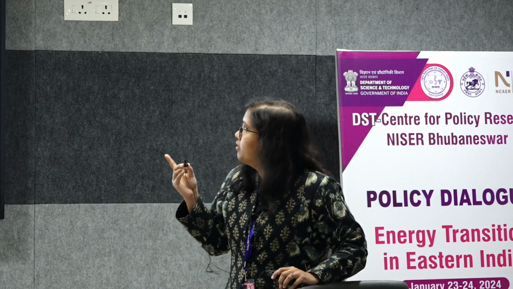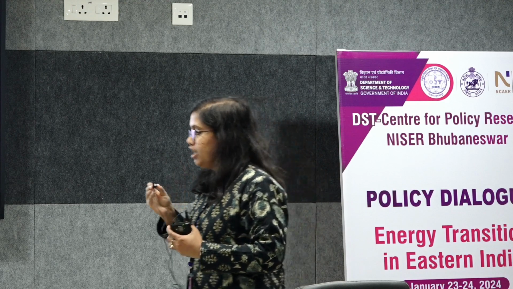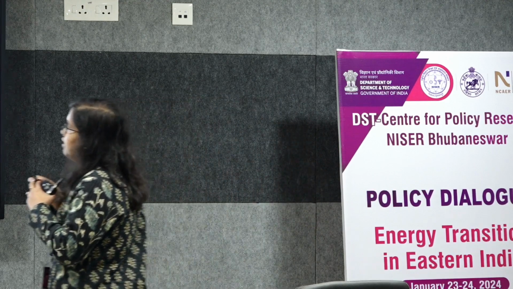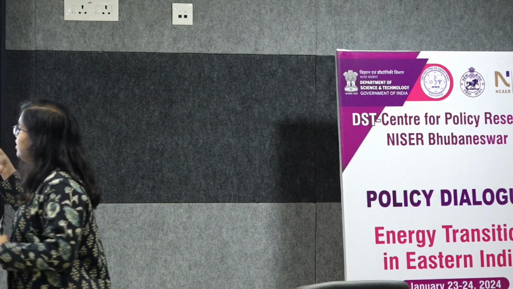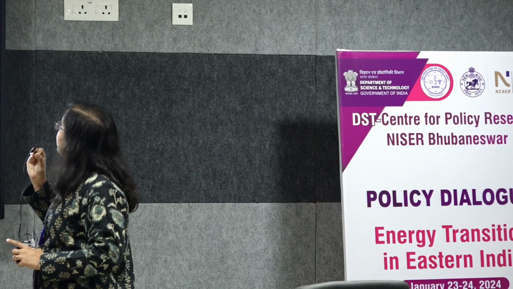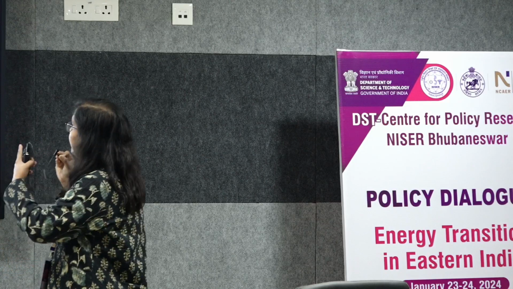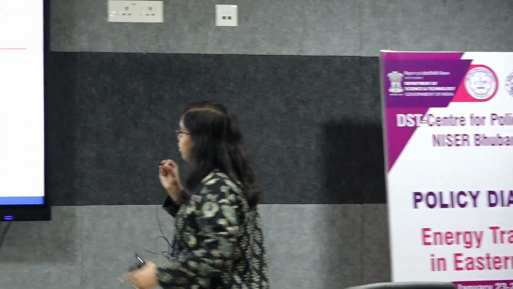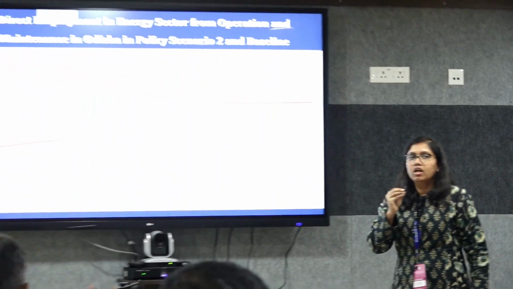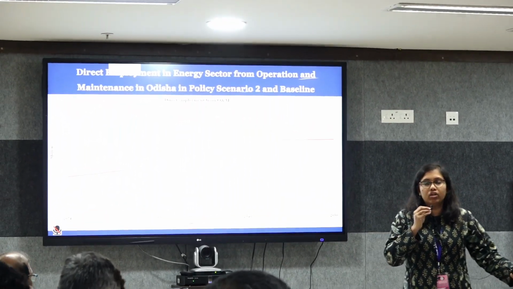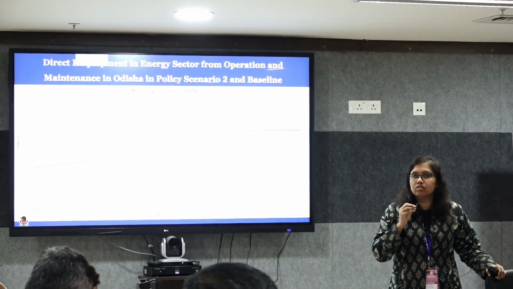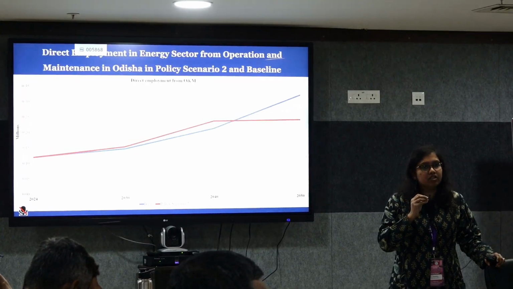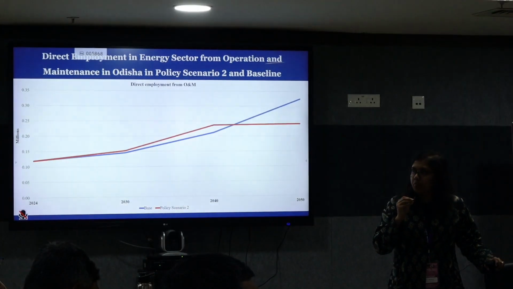First we talk about direct employment. Here we see that in the baseline scenario, the blue one, it is higher than the policy scenario in 2050. This is happening because Odisha is a very energy dependent economy.